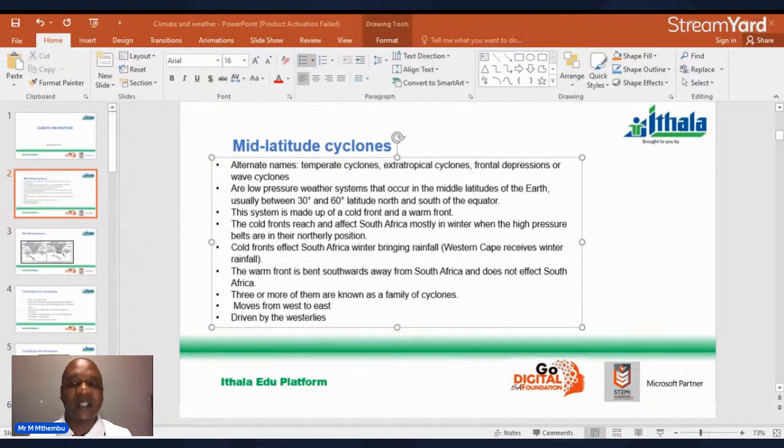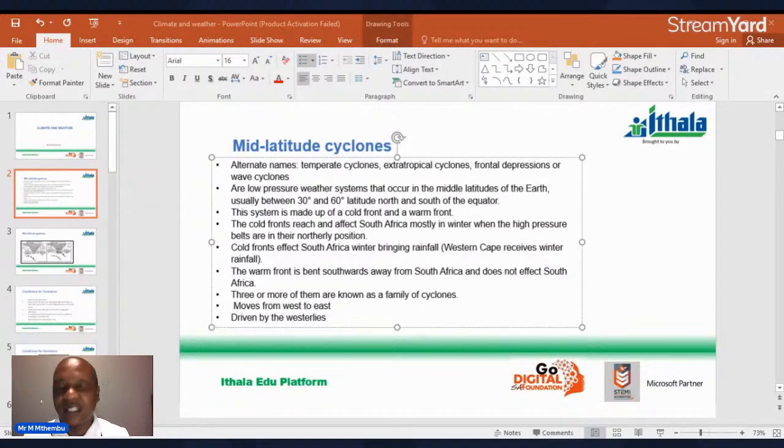Then let us look at what I would say is the most important thing about mid-latitude cyclones, grade 12: the impacts. Remember, we have social impacts, economic impacts, and environmental impacts. Let us look at the word social impact.